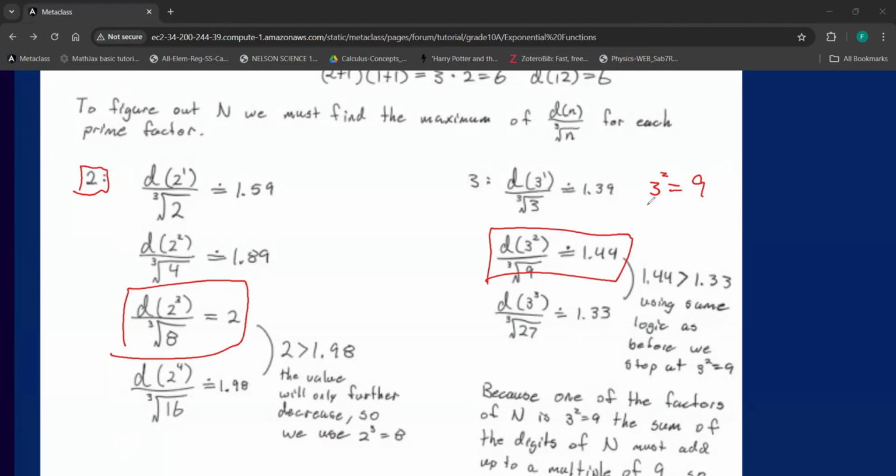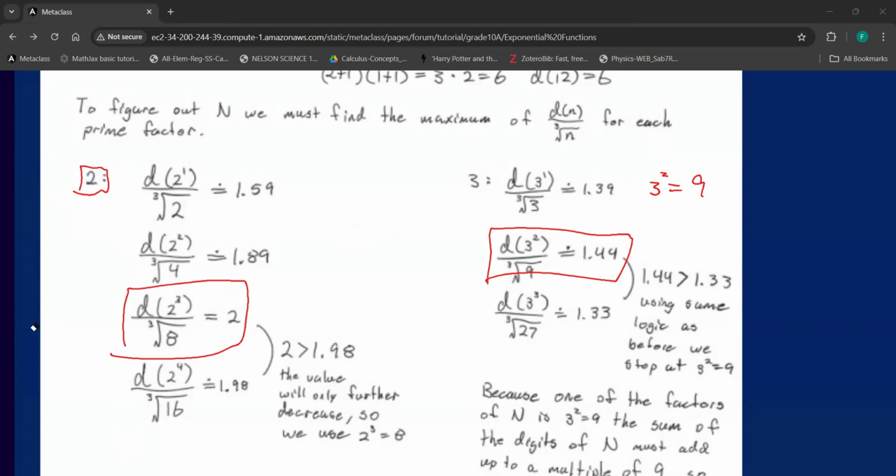And the divisibility rule for 9 is that the digits of the number must add up to a number divisible by 9. So the digits must add up to 9, 18, 27, and so forth.